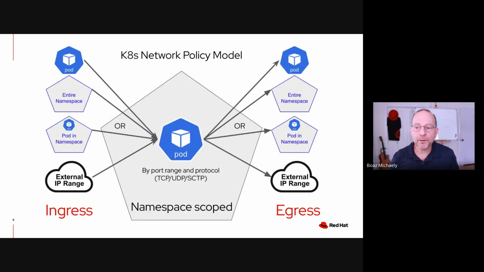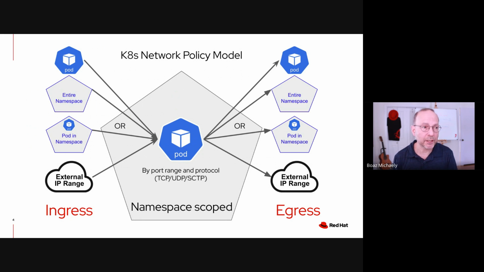So the model that was introduced is pod-centric. And the restrictions that we can apply are, first of all, the focus is on a namespace. The whole conversation is on the pod in a particular namespace. And in terms of ingress or egress, we can specify 4 different restrictions for other pods to communicate with my pod. 1, I can restrict a pod specifically, no matter where it is.